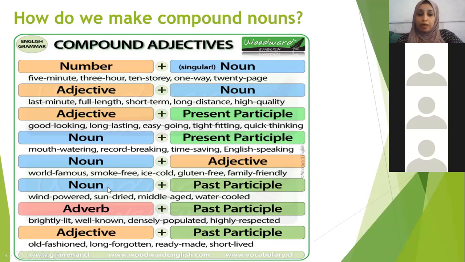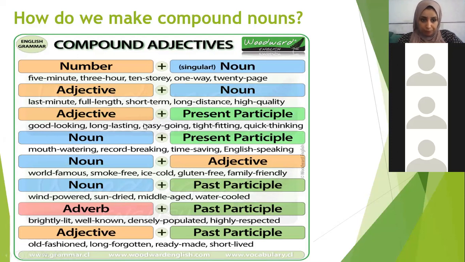You can also do noun and past participle. The present participle is the -ing form. The past participle is the -ed form. So wind-powered, maybe sun-dried, middle-aged, and so on. Actually, you can also use an adverb to make a compound adjective.